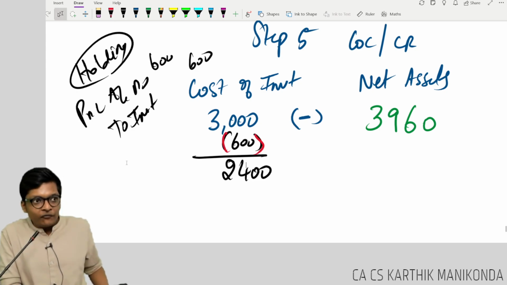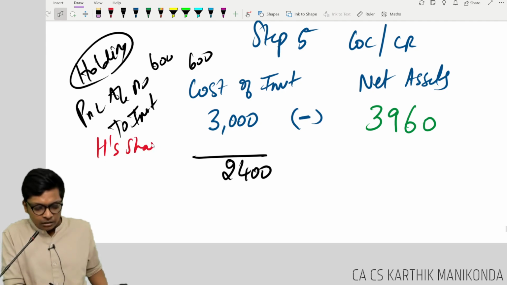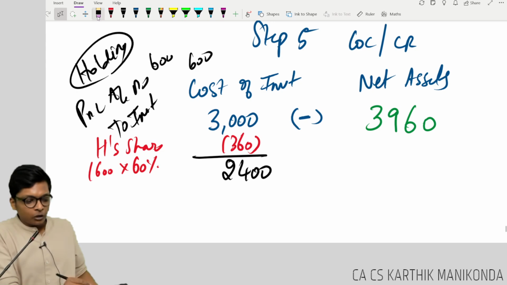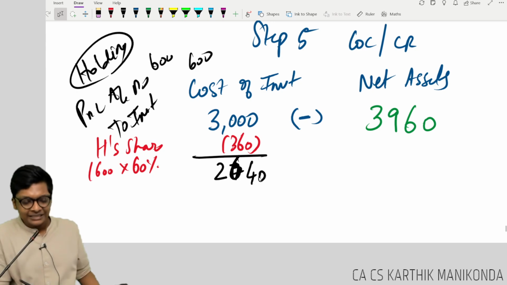This is the full dividend. What is my share? Holding share is 600 into 60%, 360. So how much do you get, guys? 2640.